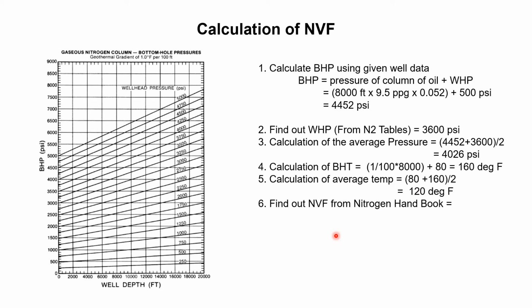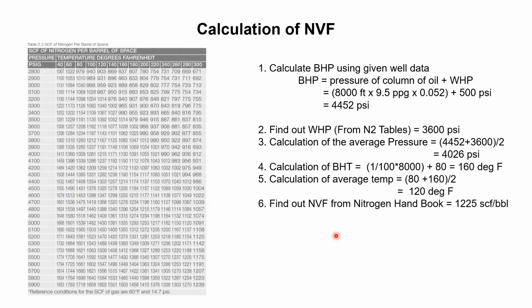Now we'll calculate nitrogen volume factor from the Nitrogen Handbook. In the Nitrogen Handbook we have data for all the pressure and temperature ranges. For this particular scenario, we'll use this particular data table. On the vertical side we have pressure and on the horizontal side we have temperature. So our average temperature is 120 degree Fahrenheit. So we'll move to 120: 40, 60, 80, 100 and 120. On the 120 column we'll move downward until we reach our required pressure.